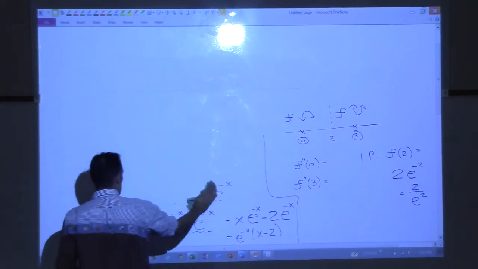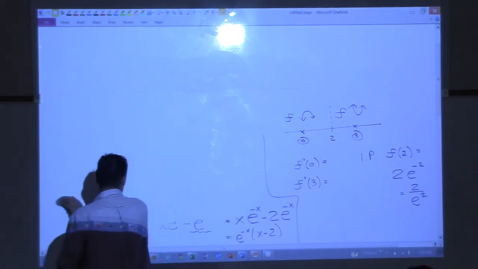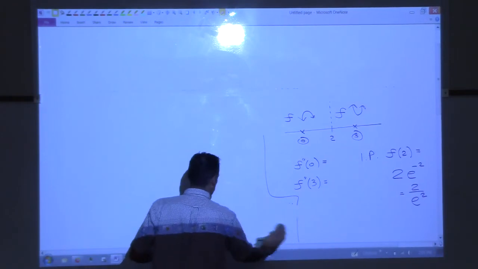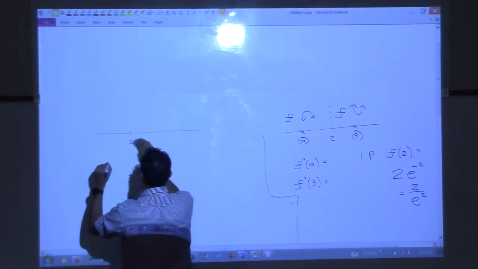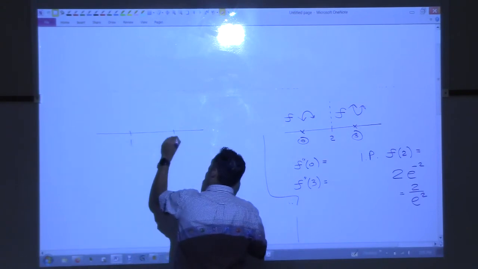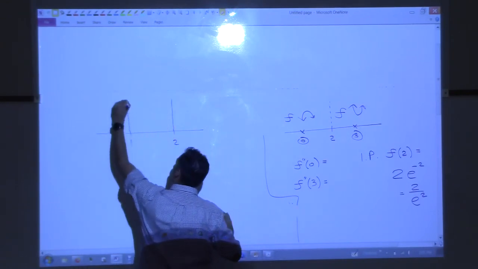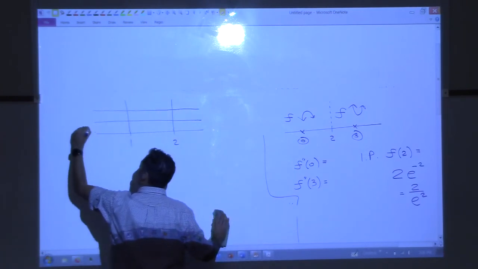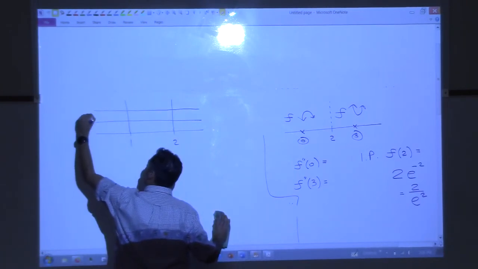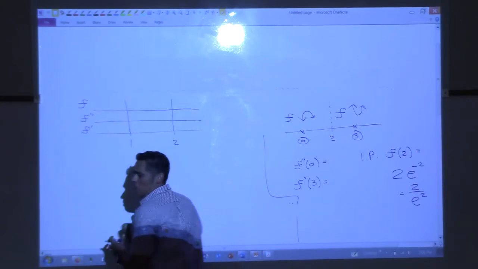What goes on our number line, or sorry, on the table? 1 and 2? No. Straight up, 3 rows. This is our first derivative, second derivative, and overall look of the function.